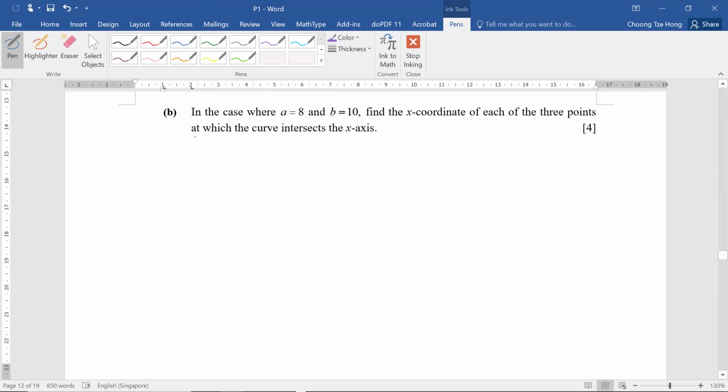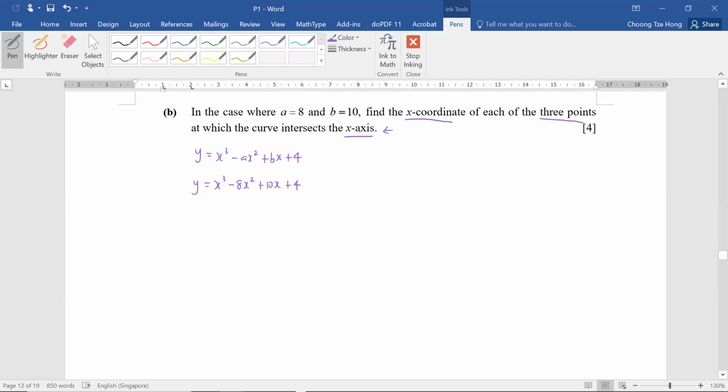So in the case where a equals 8 and b equals 10, we are making use of the original equation, which is y equals x cubed minus ax squared plus bx plus 4, right? So now a is 8, so we have negative 8x squared, b is 10, so we have 10x plus 4. Find the x-coordinate of each of the 3 points at which the curve intersects the x-axis.